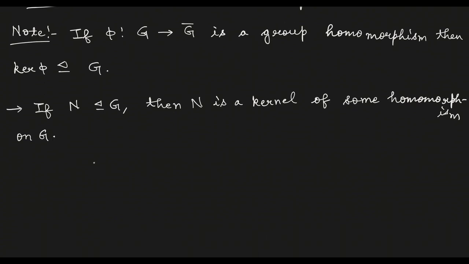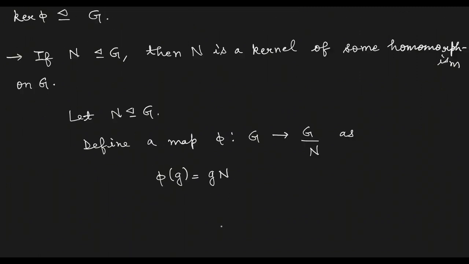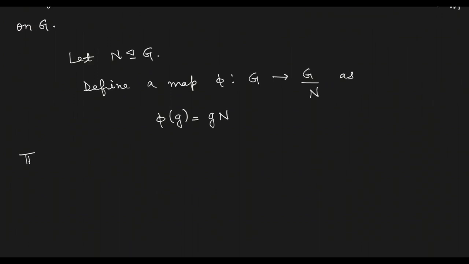Let N be a normal subgroup of G. Define a map phi mapping from G to G by N as phi(g) = gN. Then phi is a homomorphism, because the operation is preserved.